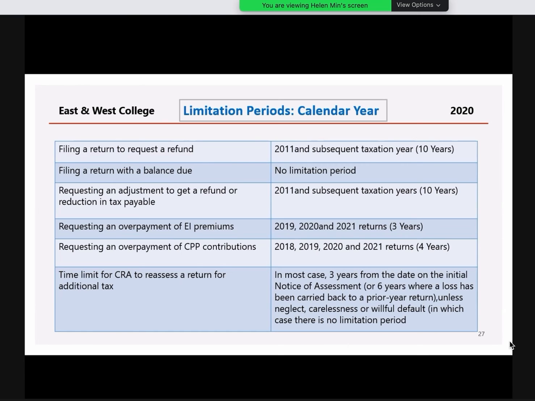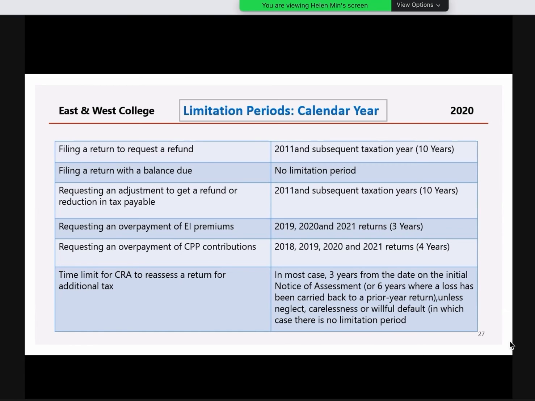This one I want everybody to take a picture of. It's good for you. File a return to request a refund. If you have a refund and did not file a return, you have 10 years. This one is from 2011 to now, but it's only 10 years.